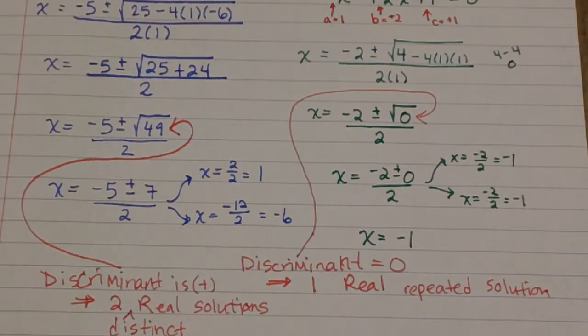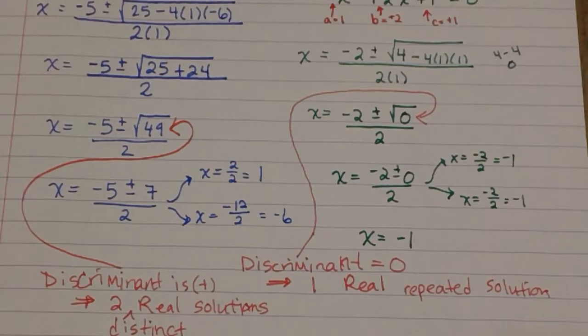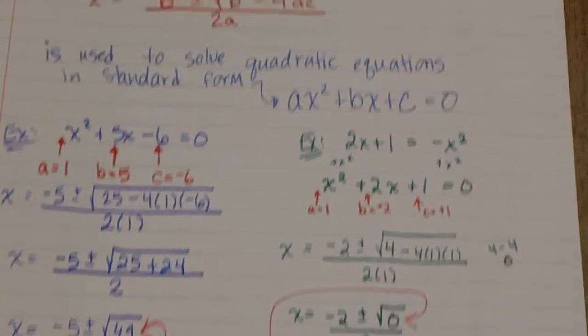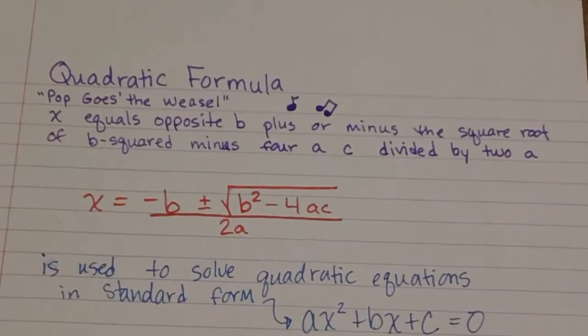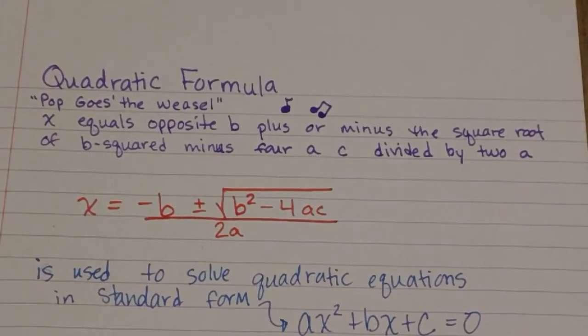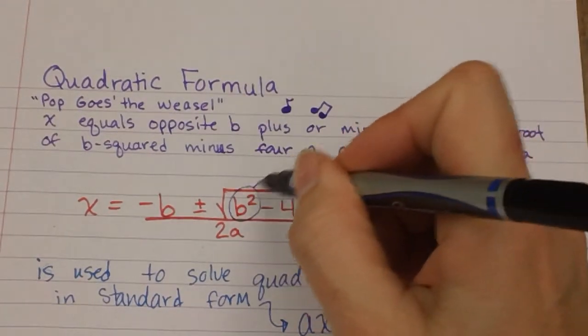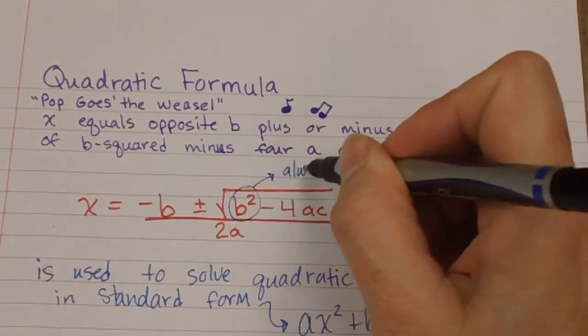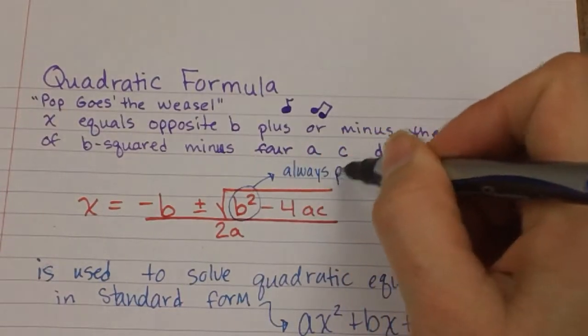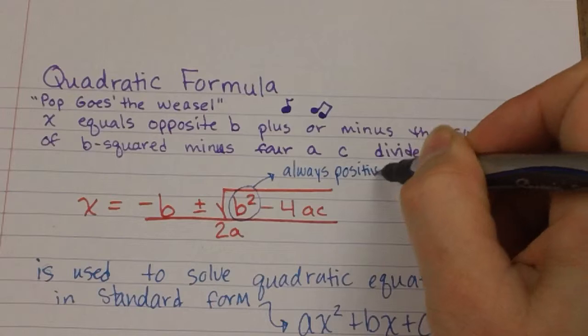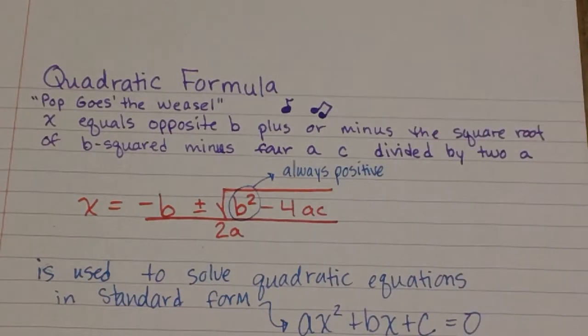You should still have your notes in front of you. So let's go back up to the top and look at this quadratic formula again. Something that I want you to notice is that this b squared is always going to be positive. Because if b is positive, we'll be squaring it, and a positive times a positive is a positive.